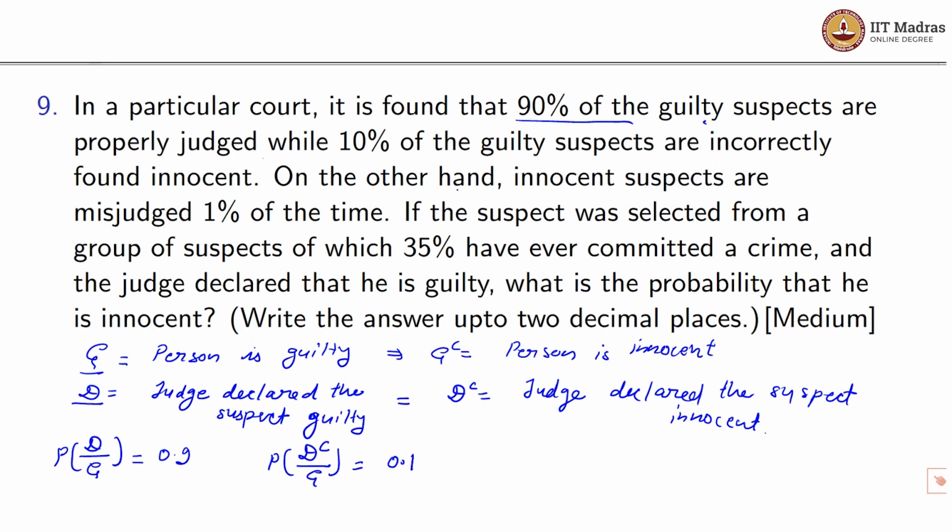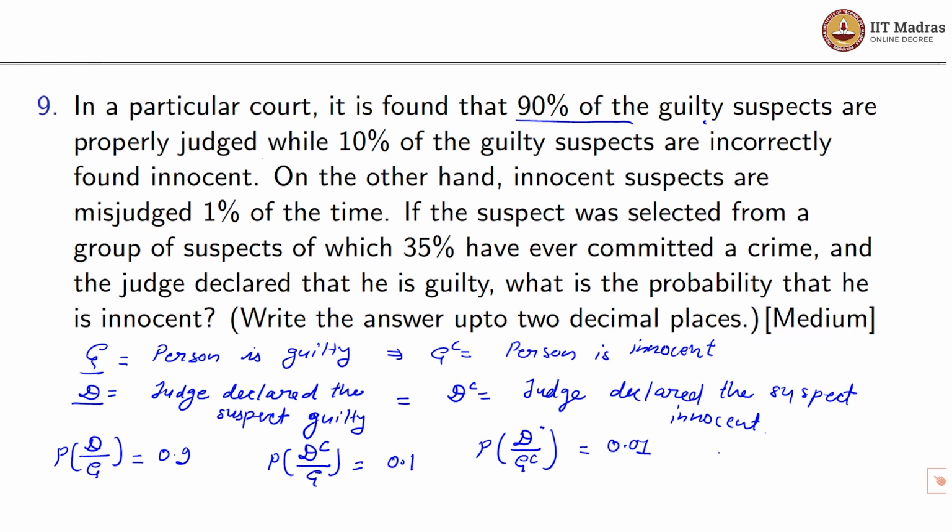Next, on the other hand, innocent suspect are misjudged 1% of the time. That is, judge declared him guilty, but he is innocent. That is G complement. If he is innocent but judge declared him guilty, is given as 1%. That is 0.01. Also, we are given that a person is selected from which 30% have ever committed a crime.